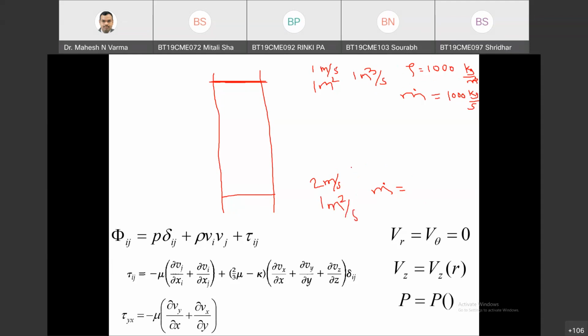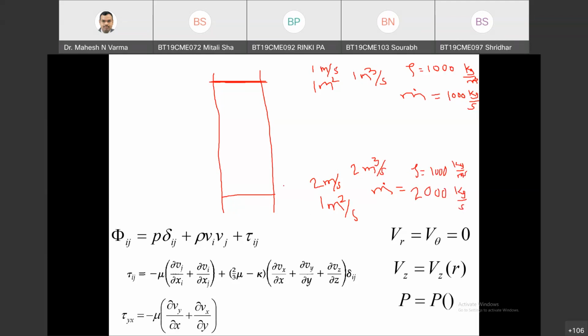So the volumetric flow rate will be 2 meter cube per second. And the density is the same, 1000 kg per meter cube. So what will be the mass flow rate? It should be 2000 kg per second. From where is this extra 1000 coming?